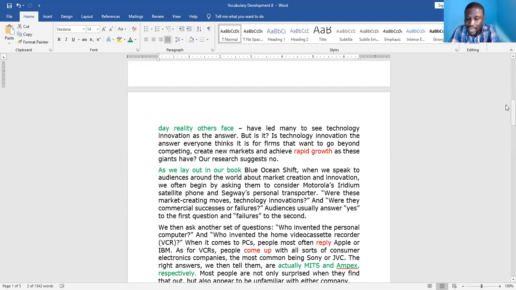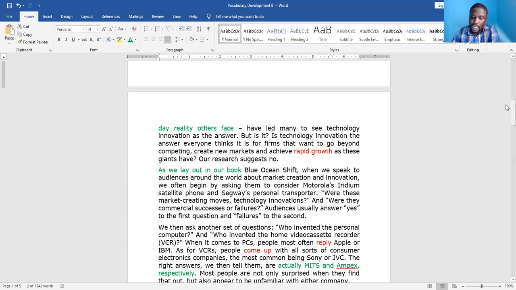We often begin by asking them to consider Motorola's Iridium satellite phone and Segway's personal transporter. Were these market-creating moves, technology innovations, and were they commercial successes or failures? Audiences usually answer yes to the first question and failures to the second.